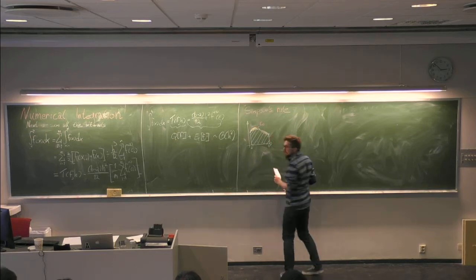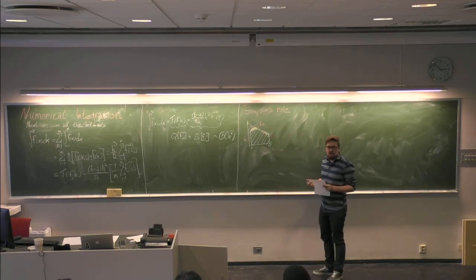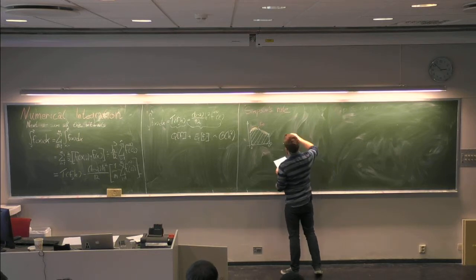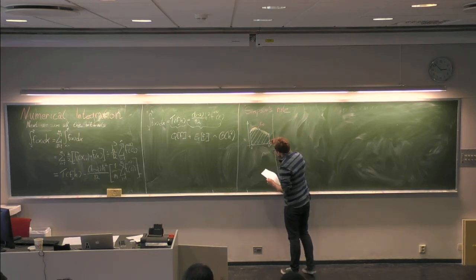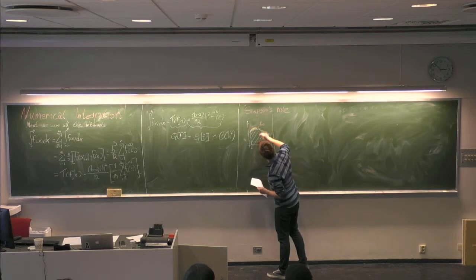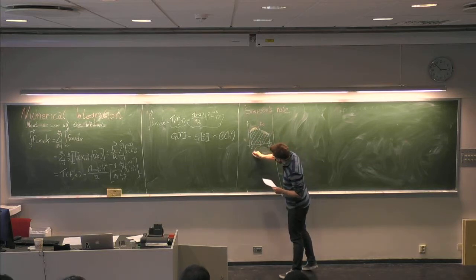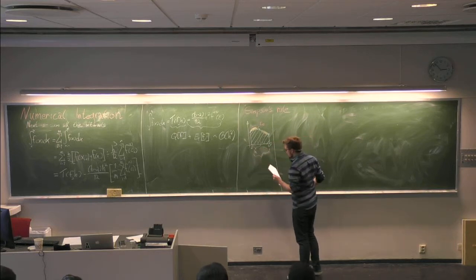So we have the same assumptions as for the trapezoidal rule, except that h is going to be this instead. Whereas this is just one interval here, h is going to be half of this.